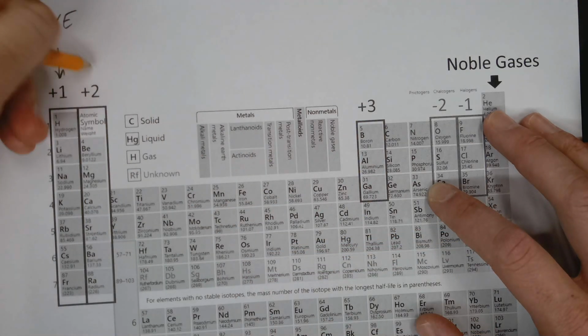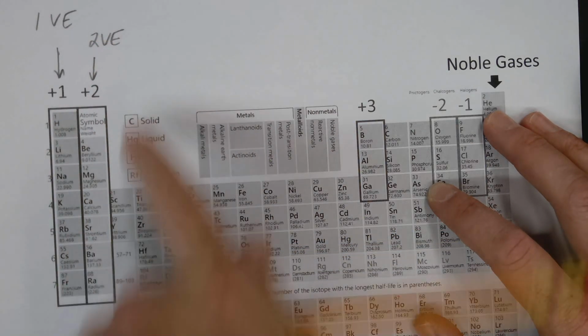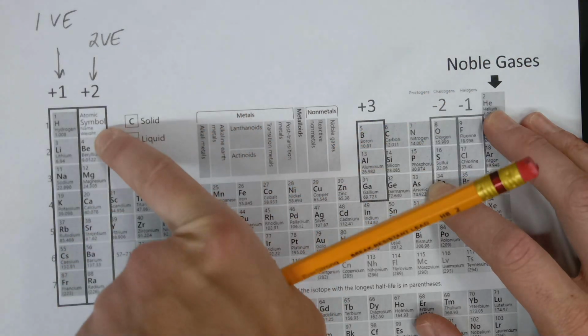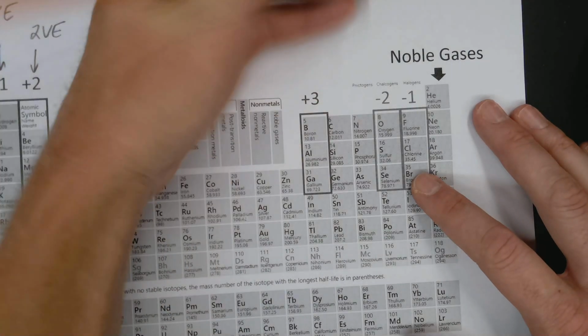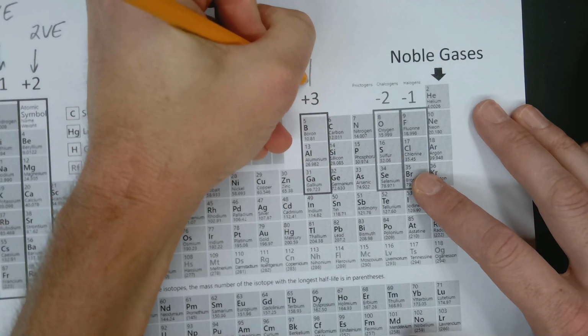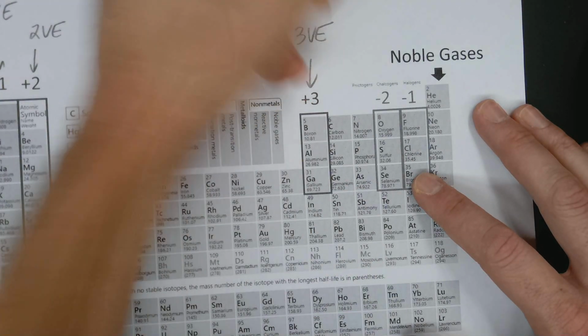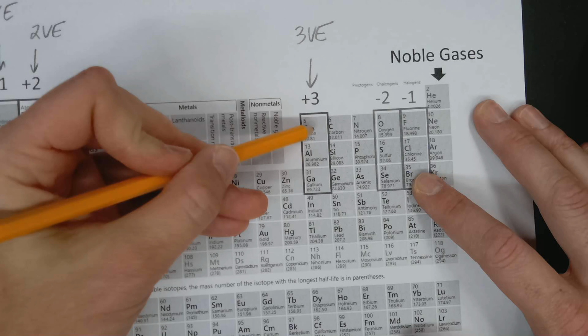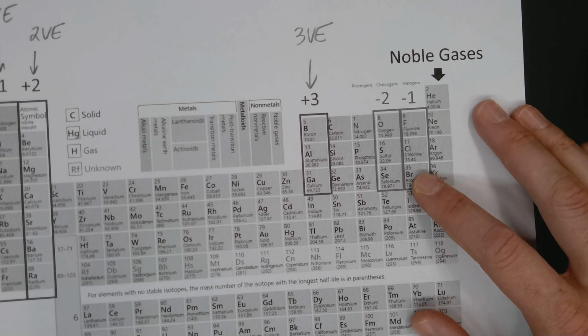Everything in group 2 has 2 valence electrons. So they can give away those 2 electrons, and then they end up with a +2 charge. In the third column, or the third group, they have 3 valence electrons. And so these have the ability to form +3 ions, or charged atoms.